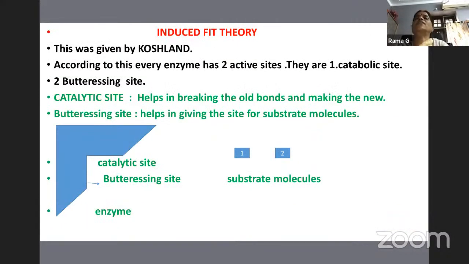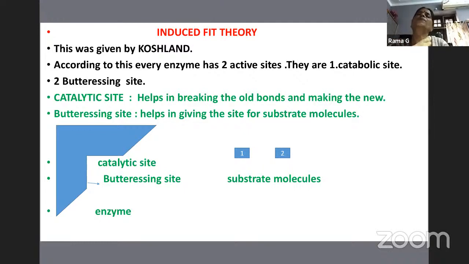This theory was proposed by Koshland, and what he explained is that each and every enzyme has two active sites. By having these two active sites, it undergoes the reaction and completes the reaction, giving the end products.